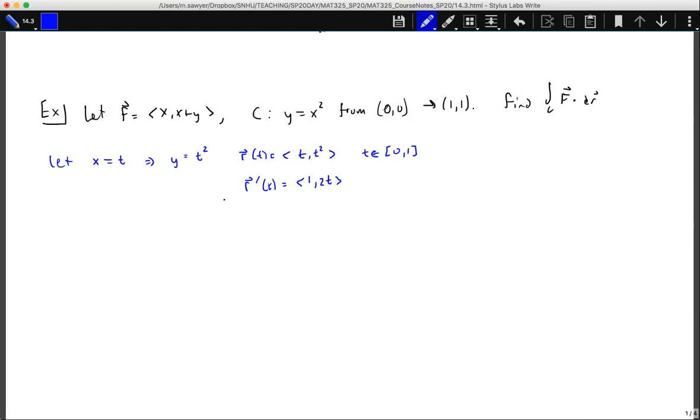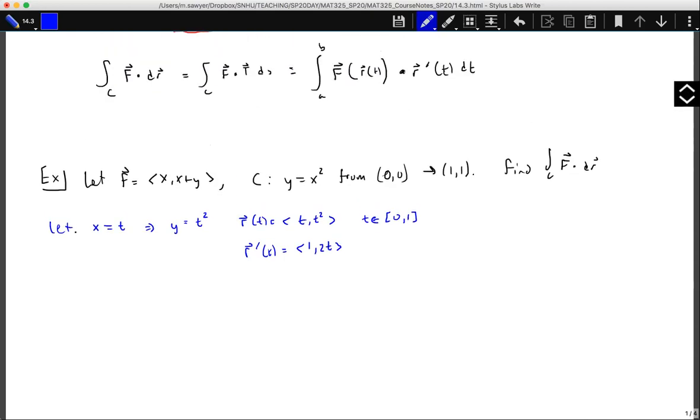So then we take this and we insert this into our vector field using our definition given above here. The integral over C of F dot dr, we have by our definition, is the integral from 0 to 1 of the vector field evaluated at our r of t, dotted with our r prime dt. So this is our vector field, from 0 to 1. Our x component is given by t.